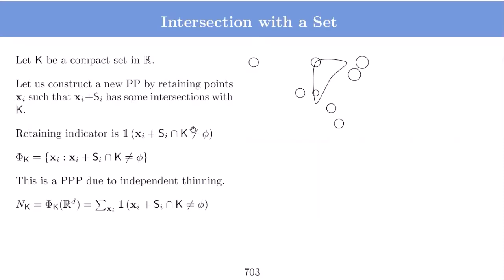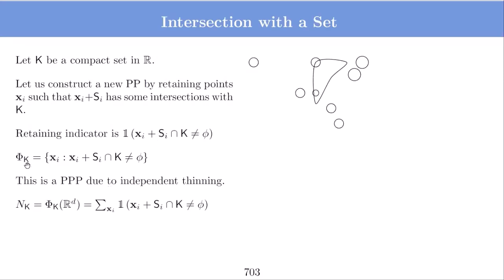The retaining indicator is based on the event that the shifted grain, xi plus Si, intersection with K is non-empty. So you go to each point, calculate this, and whoever gives one, you retain that point.